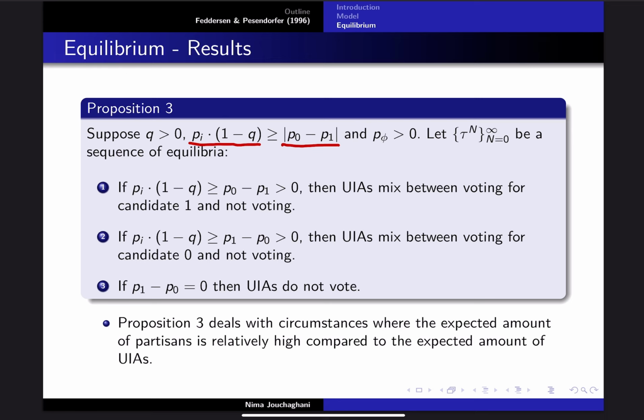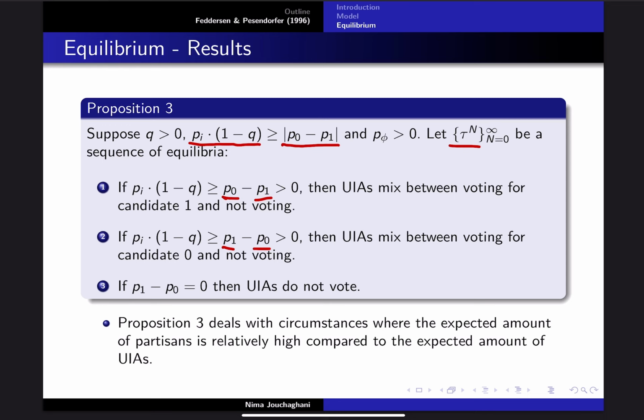And then again, we consider a sequence of strategy profiles. And what we then have is 3 types of equilibria in this case, depending on whether the expected amount of 0 partisans is higher than the expected amount of 1 partisans, or the other way around.